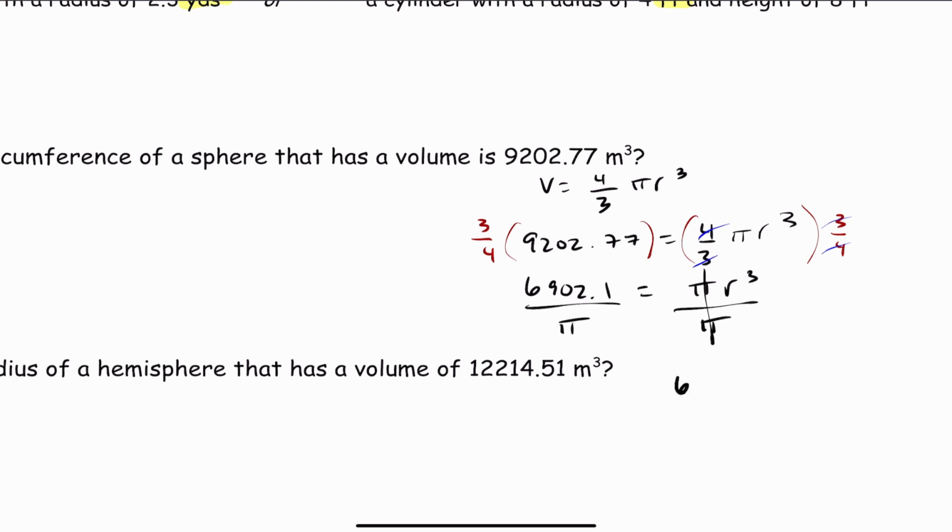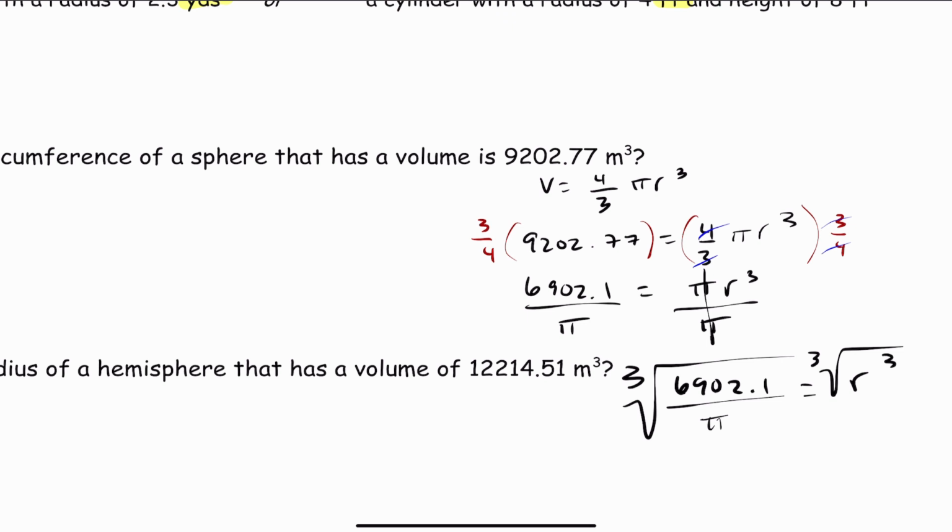So I have this all over pi, which is equal to r cubed. And now I'm going to take the cube root on both sides. So to do that, you're going to press math on your calculator, scroll down to 4, and then input 6,902.1 divided by pi.